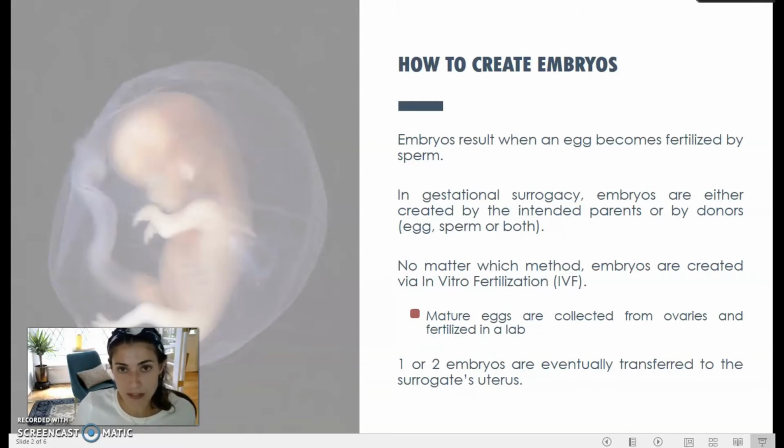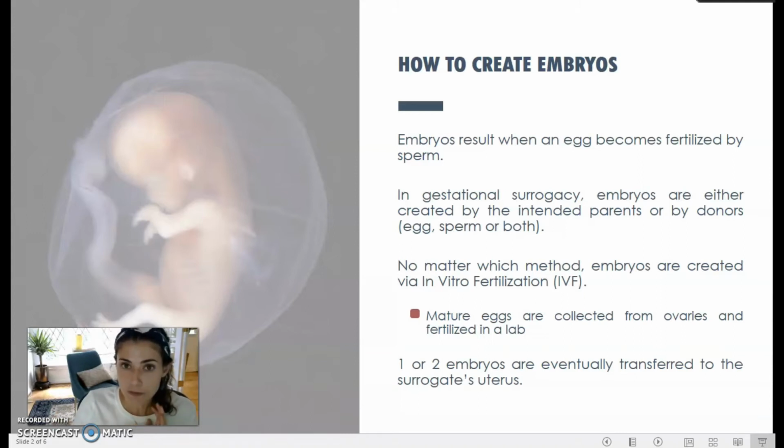So in vitro means in glass, fertilization. So IVF covers that. And essentially what happens in IVF is that mature eggs are collected from the woman's ovaries and they are fertilized with sperm in the lab.